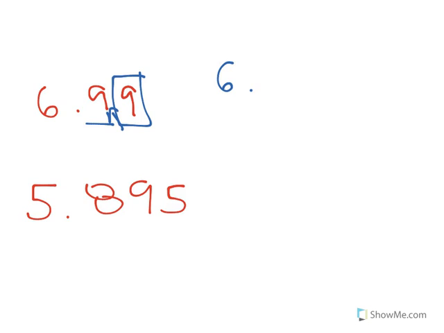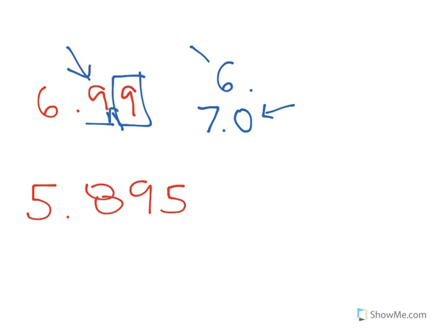It's like I'm going to change this 9 here to a 10. But I can't do that and keep the 6 being the same. So I actually have to round it up to a 7, and then it's going to be 7.0. Is that number rounded to the tenths place? It is important to keep that 0, because that indicates that you have rounded to the tenths place, as opposed to just writing 7.